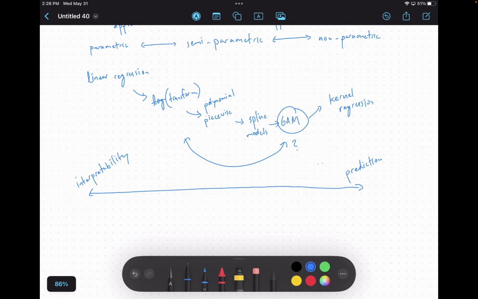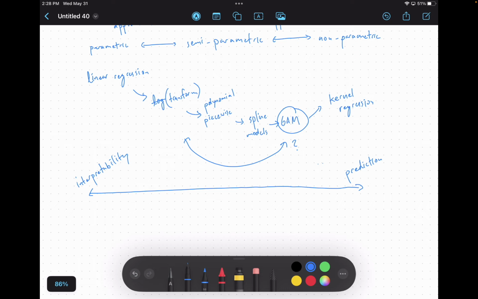Because the relationship between my explanatory variable and my outcome variable isn't linear, and so you do a transformation of your inputs to try and make it linear. And the log transformation tends to be a common one because a lot of relationships between x and y tend to be exponential in some way. And so logging an exponential turns it into a line.